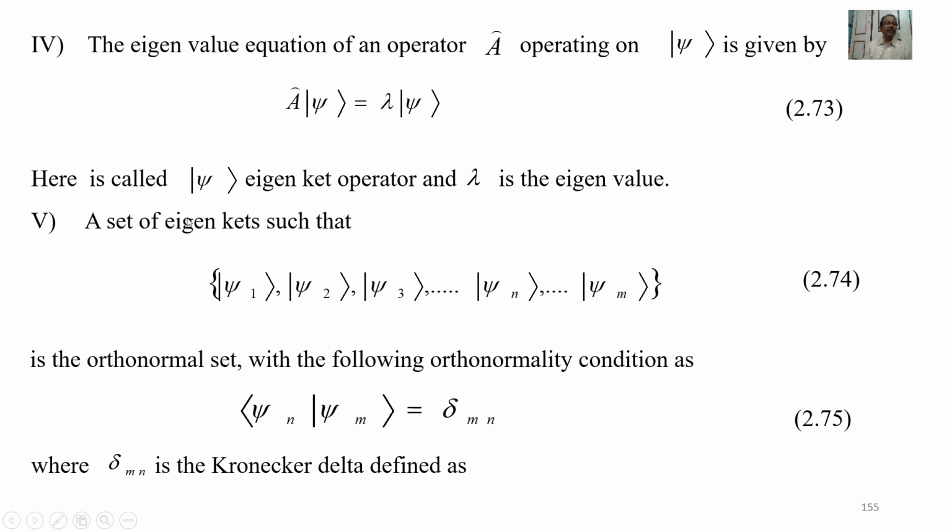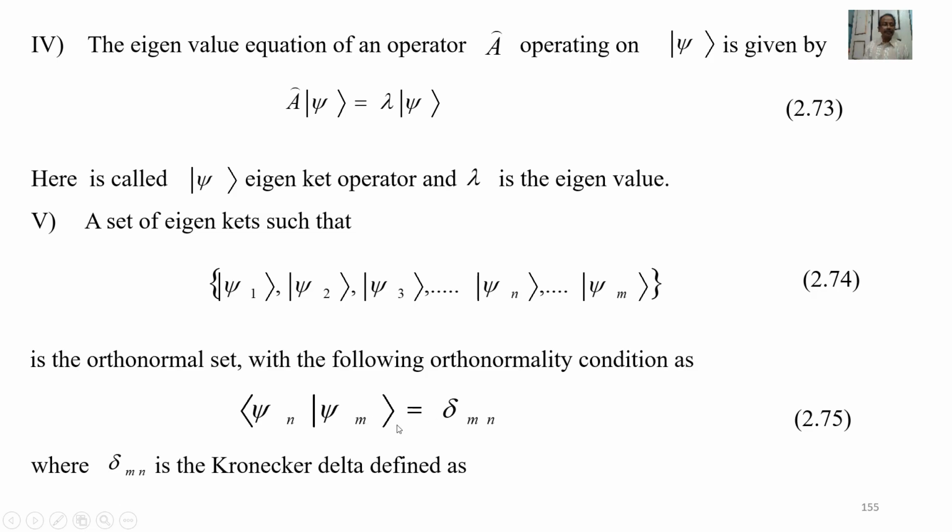A set of eigenkets such that ket psi 1, ket psi 2, ket psi 3, ket psi n, this is ket psi m, and it is orthogonal to the set, following the orthogonality condition. And we know that this is the inner product, bra psi n with ket psi m, which is equal to delta mn.